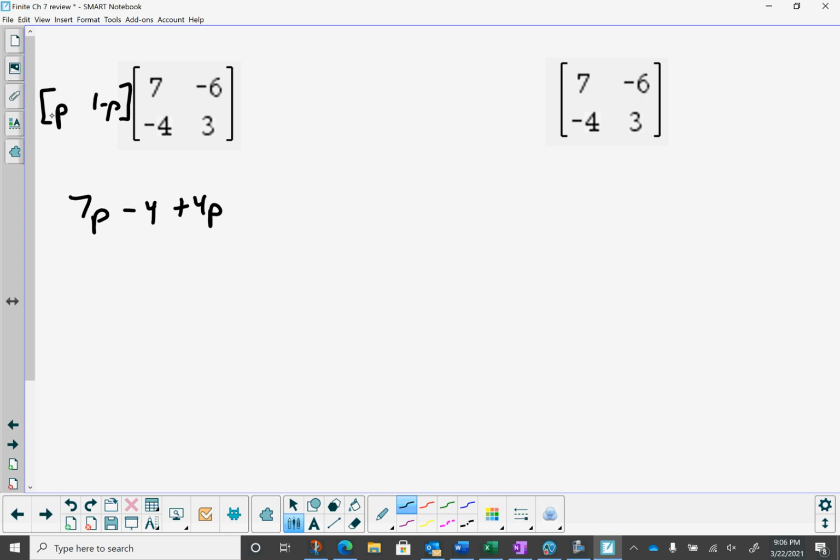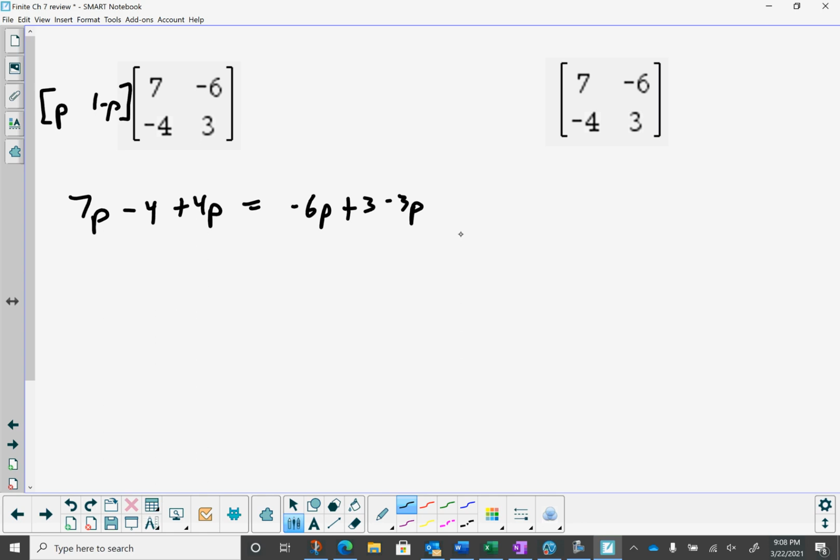And then this times the second column, P times -6 is -6P. 1 minus P times 3. Well, 1 times 3 will be 3. -P times 3 is -3P. So again, this is the proportion of times, black first, then red. We want to know where he breaks even.